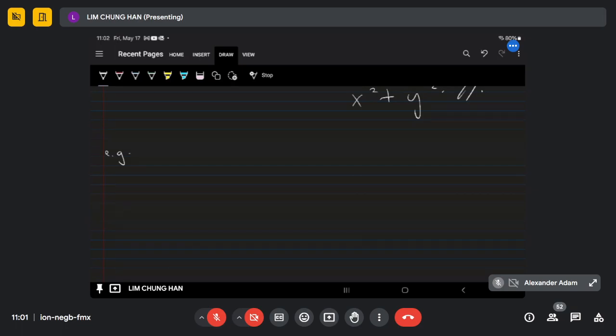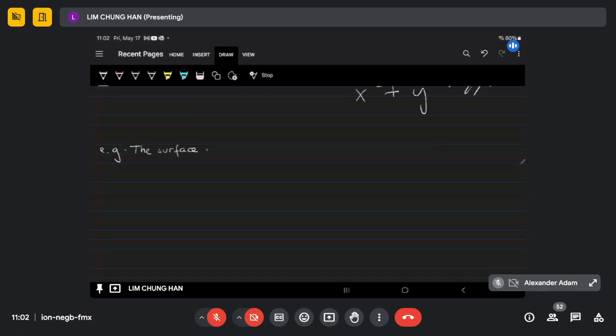One last example. The surface area of a cat, let's say, in meters squared per kilo is approximated by this formula.